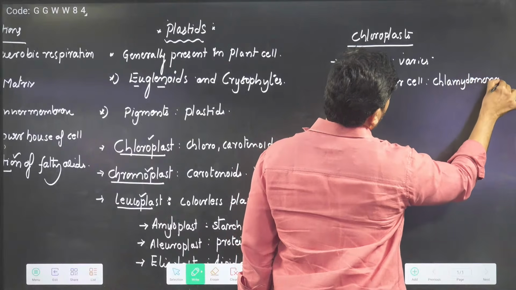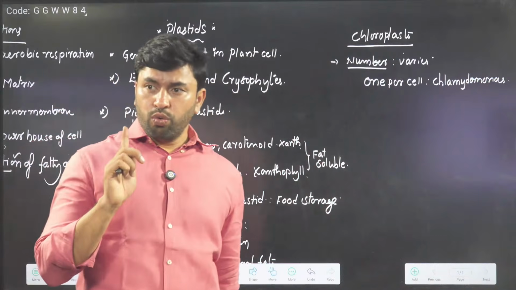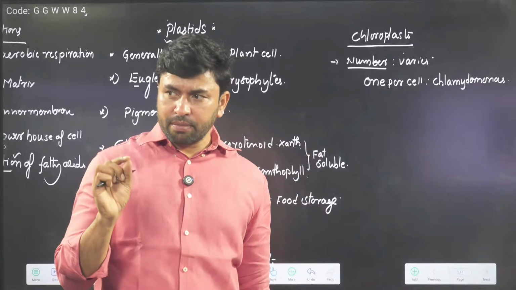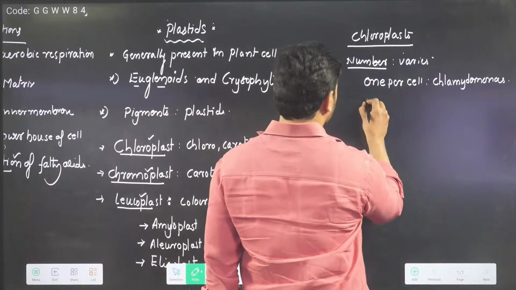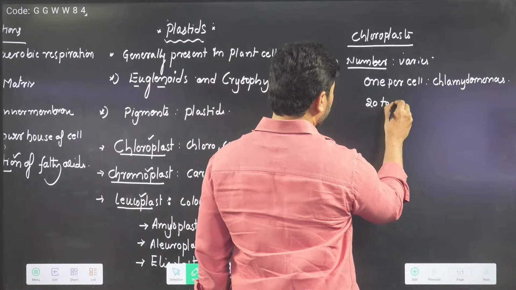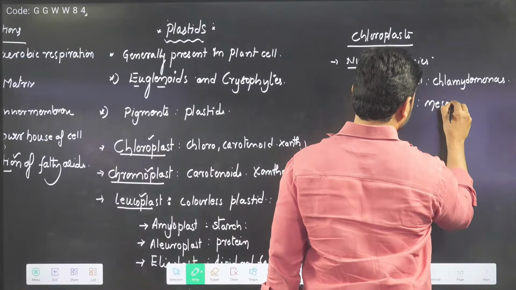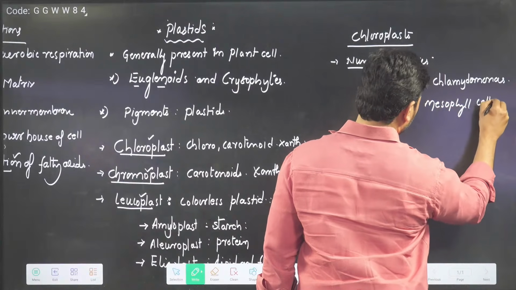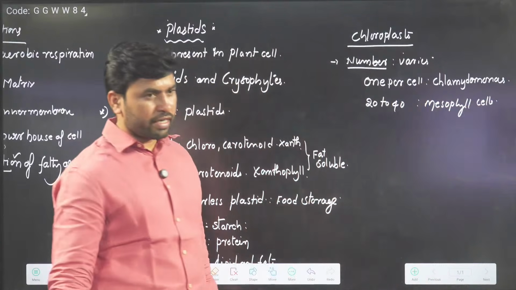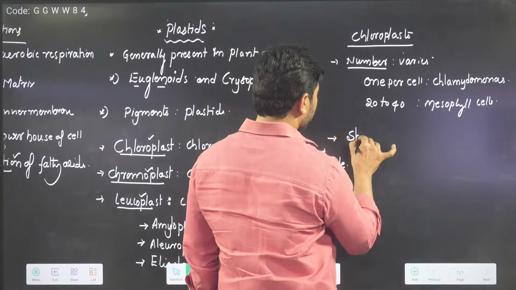Chlamydomonas is a unicellular green alga. It has only one chloroplast per cell. Next one, 20 to 40 in mesophyll cells. Mesophyll cells will have 20 to 40.